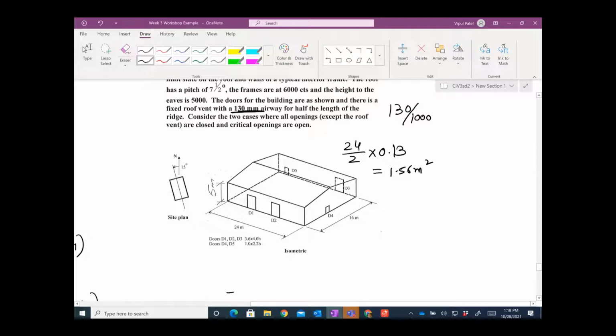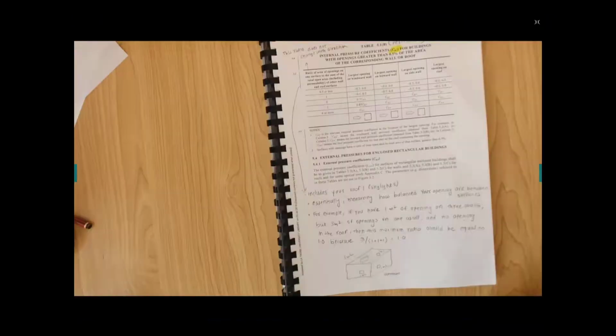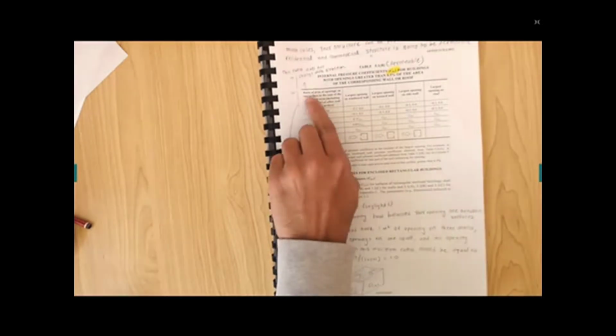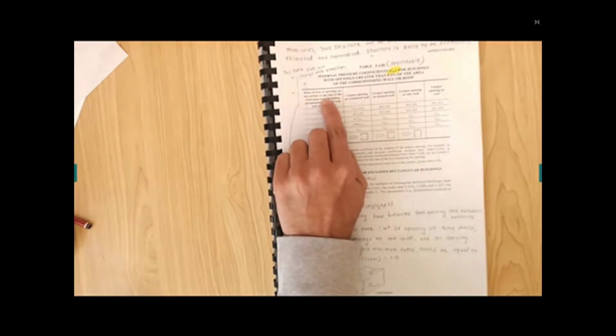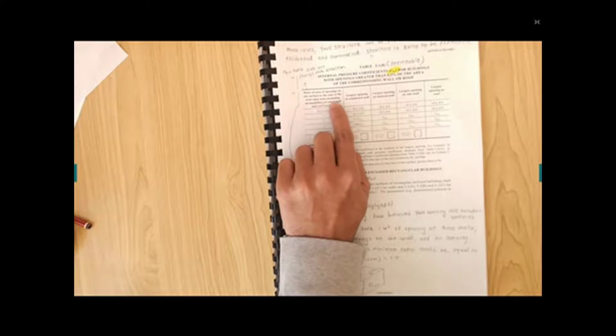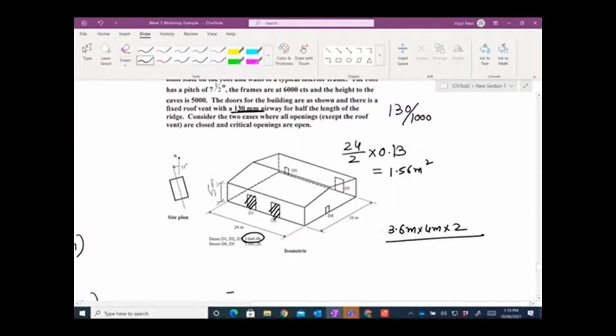Now in our case, because we need to explain in our examples, in our case we have these doors open, right? So the area of opening is 3.6 meters times 4 meters by 2. You got it? This one. Like the one we have here, 3 meters, that is open. This is the area of opening on the one surface, right? Divided by the sum of the total open area, right? So let's say the sum of the total opening. This is not open, this is not open, this is not open.